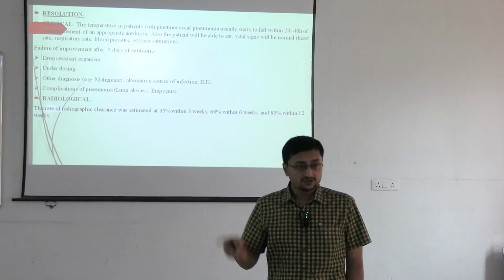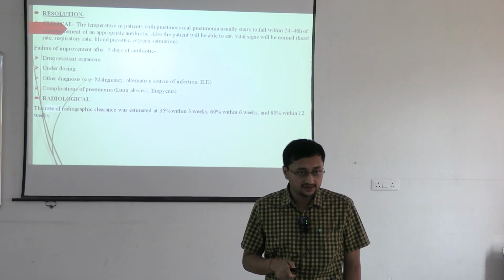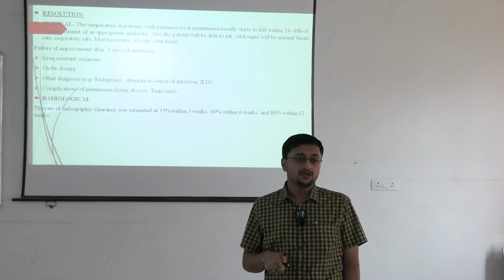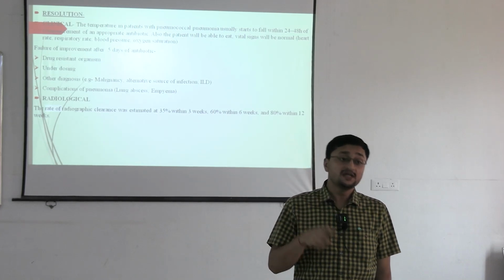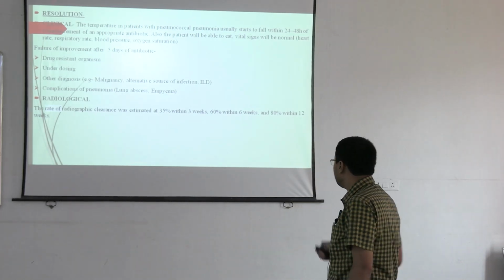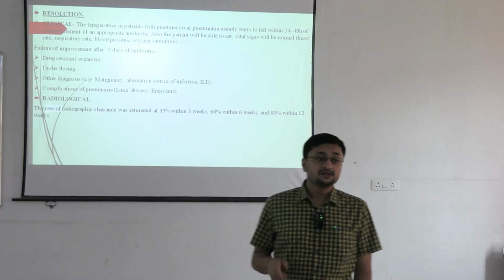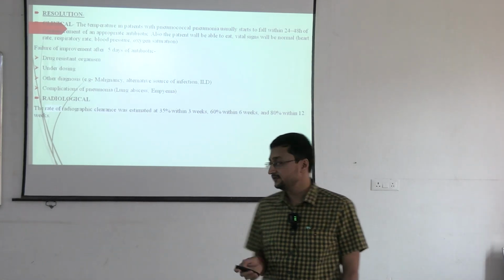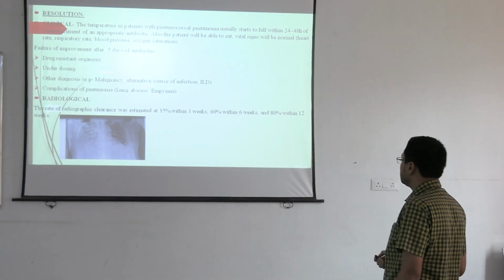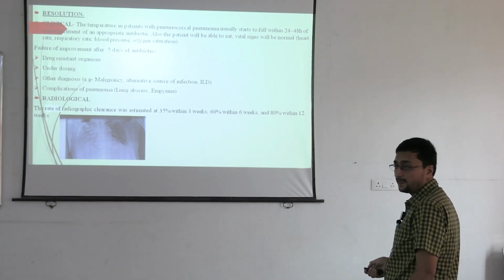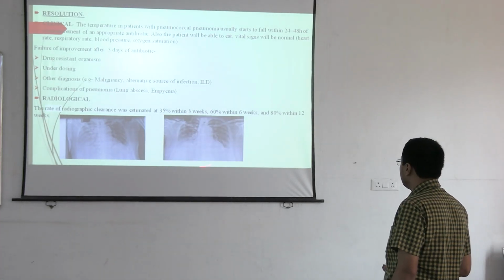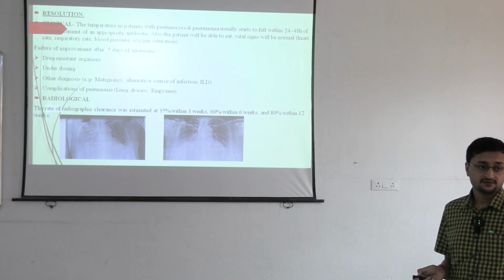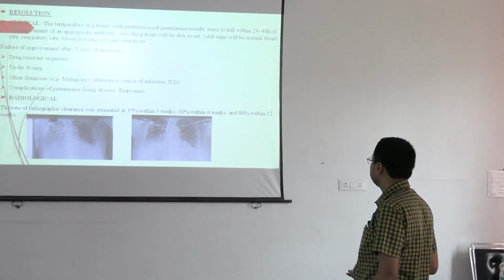And most pneumonias, if not complicated or due to MDR organisms, are radiologically cleared within 3 months. 80% are cleared. So this is the initial X-ray, and this is the X-ray after 3 weeks, right? So this is the resolution.